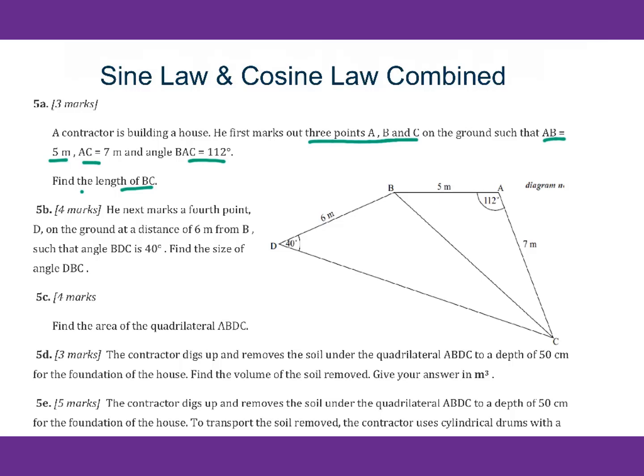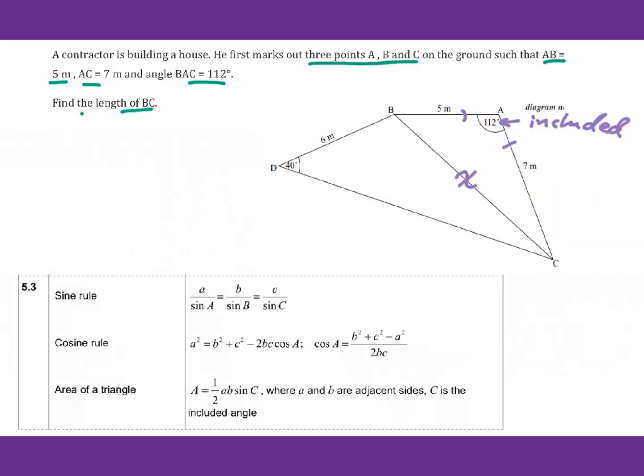We'll label the length of BC as X. You are given side, angle, side. This angle is an included angle. Therefore, use cosine law. From a formula chart, we could say this is the formula given.